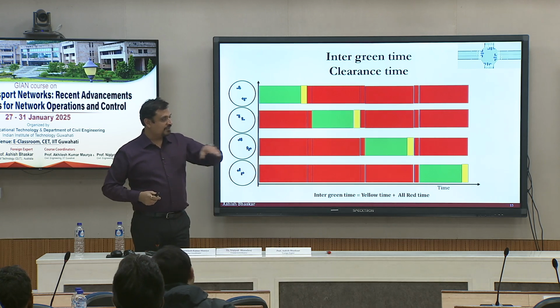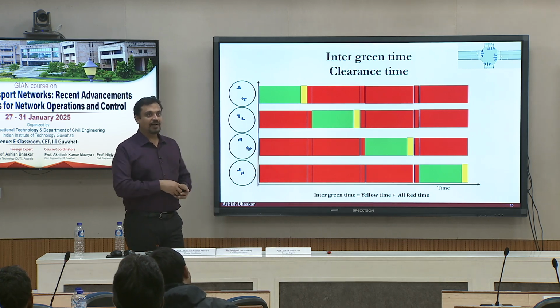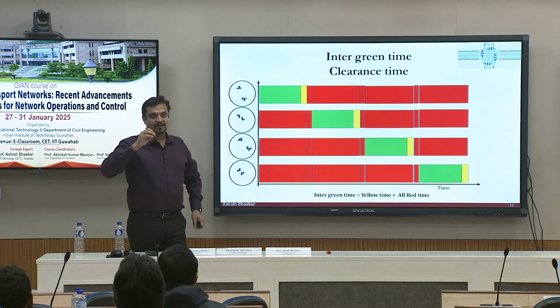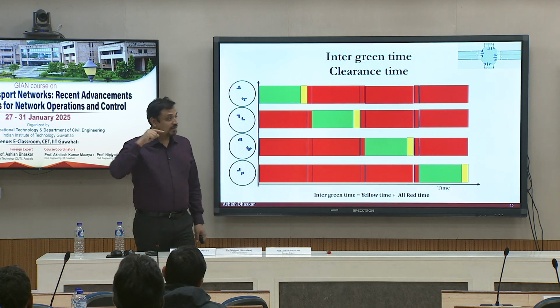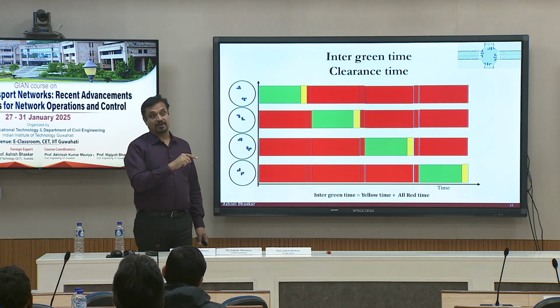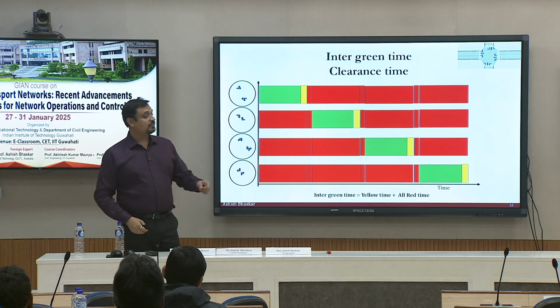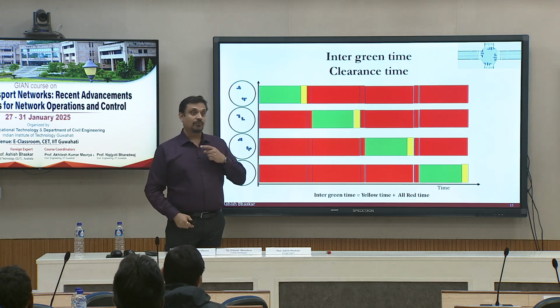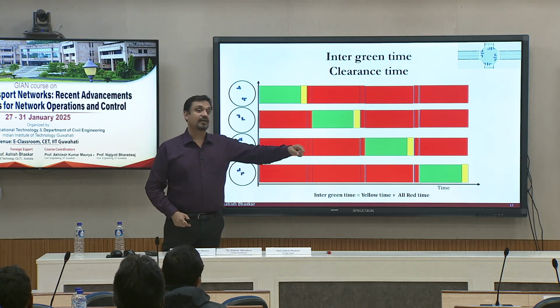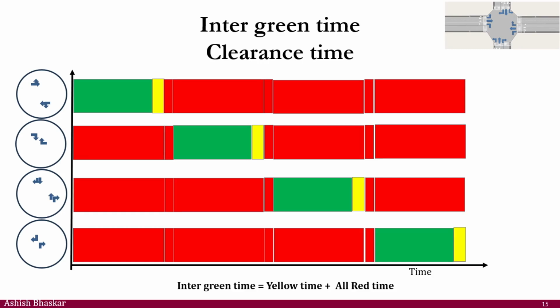This system is observing the speed of the vehicle and tries to detect: okay, this vehicle is approaching at a higher speed. It's highly unlikely that this vehicle is going to stop, it's going to enter the intersection when the signal is red. So what this technology is doing is extending the all red all of a sudden for that phase.